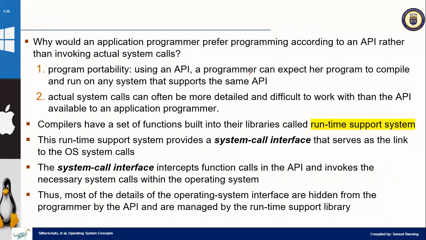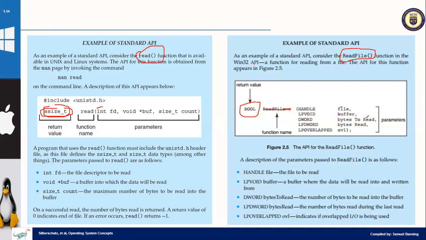Remember, in the objectives, we were talking about why some of the applications will not run on other operating systems. If I create a program that uses this API, the Windows API, Win32, the parameters that I will provide to my read file, how many? 1, 2, 3, 4, 5. These are different from the parameters that will be provided on a Linux environment.